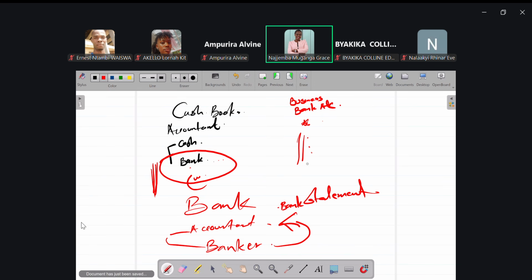For instance, if we have a bank statement which records a closing balance of 100 million, in the cash book, when we look at the bank column, we should as well expect 100 million.